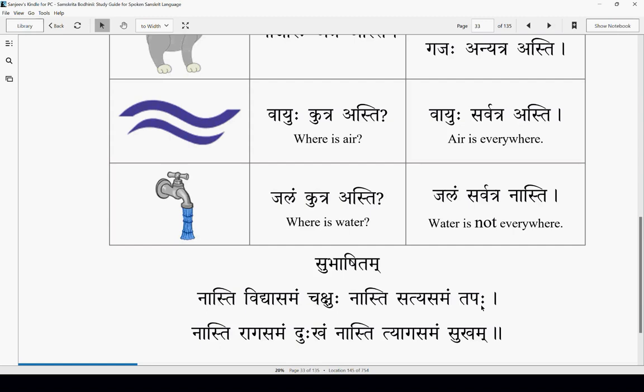So there is no penance equal to satya, truth. Like following satya vrata. We can go to a deeper meaning, but to keep it simple, there is no penance equal to satya, or telling the truth.